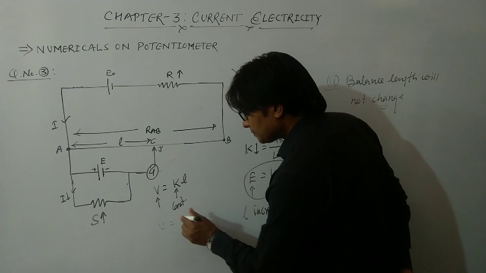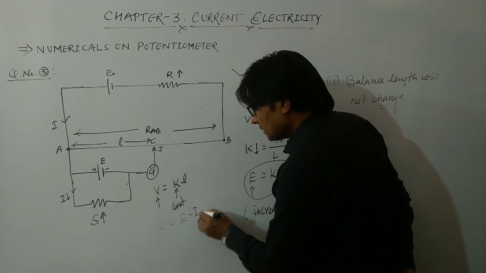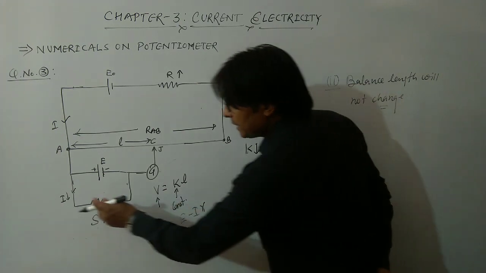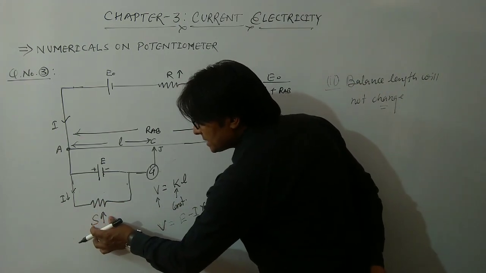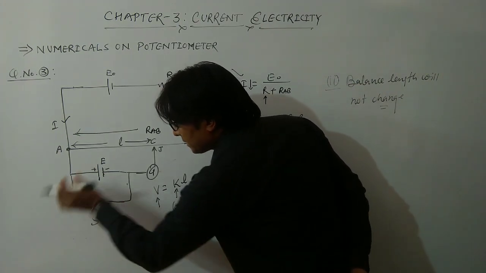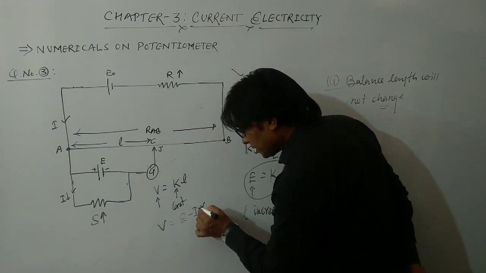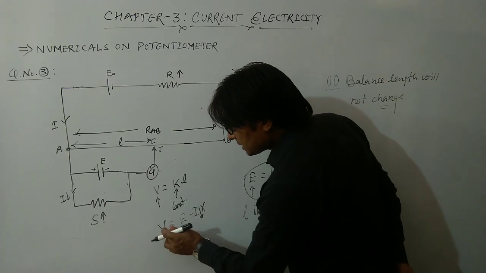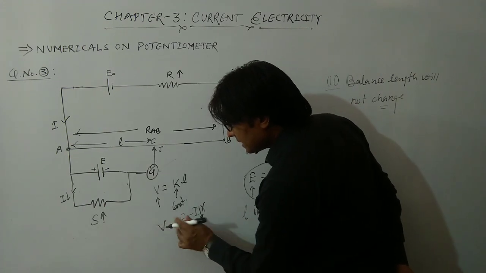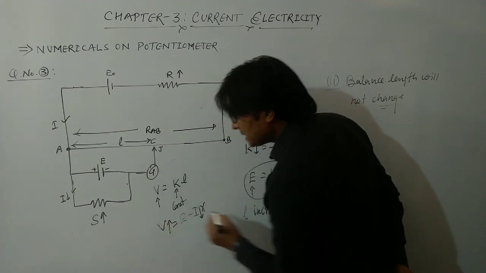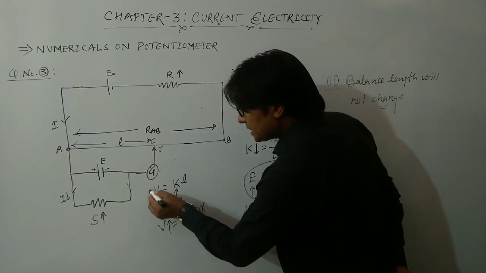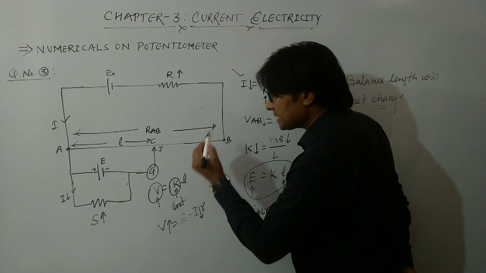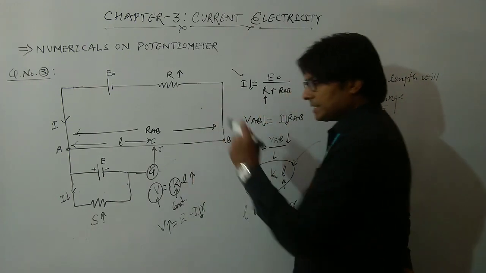So if I increase the value of this resistance, then definitely current will decrease, and if current decreases, then definitely this V will increase, and if V increases while K is constant, then definitely the balance length should increase.